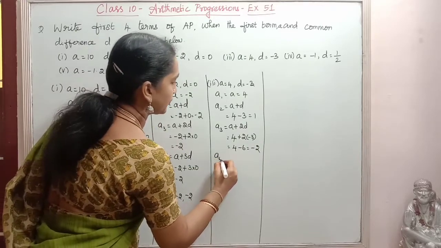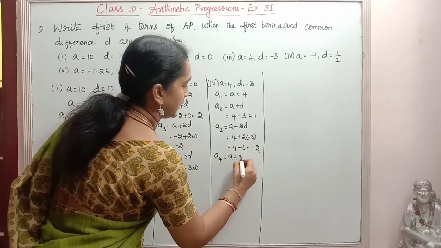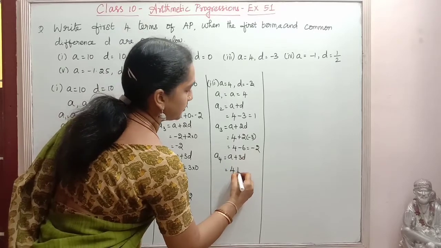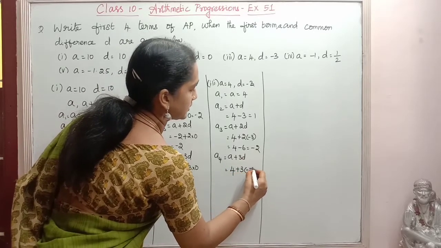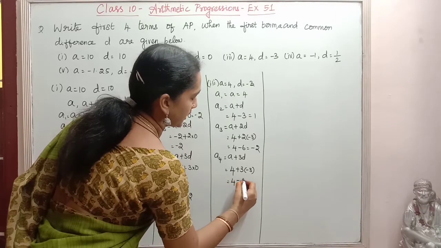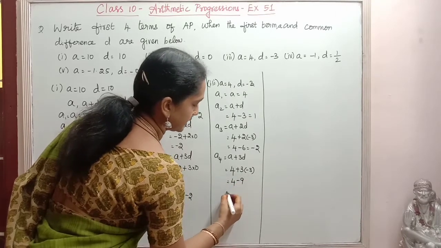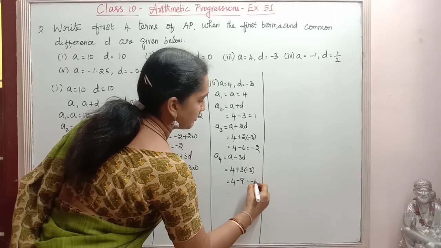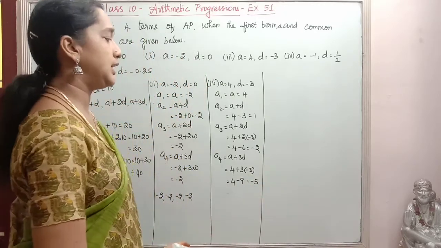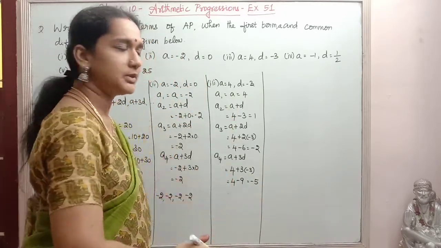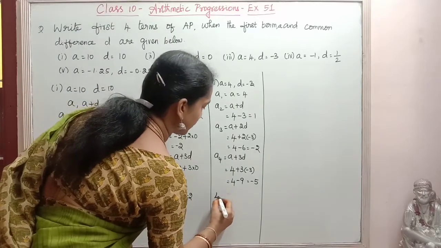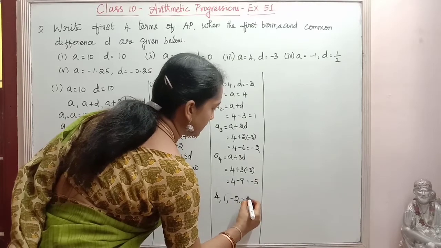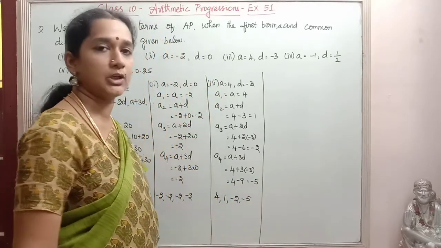Then A4 is A plus 3D. So that is A is 4 plus 3 into difference is minus 3. So 4 minus 9, 3 3s are 9. So the answer will be 4 minus 9, which is minus 5. So these are the 4 terms of the given AP. That is 4, 1, minus 2, minus 5. These are the 4 terms.